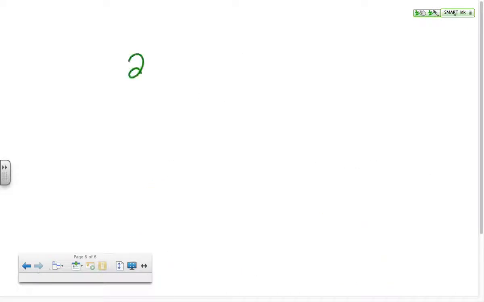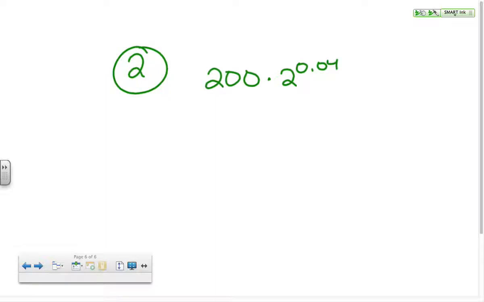Number 2. I have 200 times 2 to the 0.04t equals 6. And I want to solve that for t.